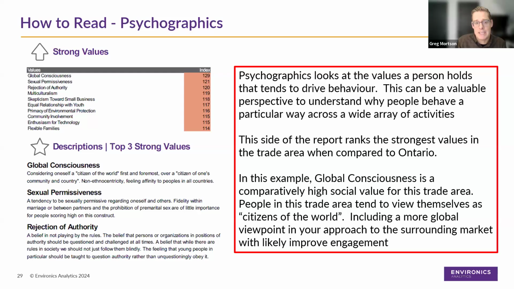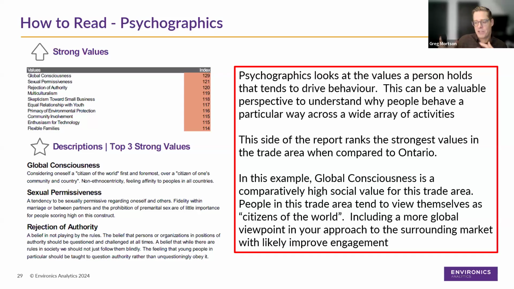So in this example, we're looking at those strong values like global consciousness, which is right at the top. So people in this trade area are more likely to consider themselves citizens of the world over their community or even country. So how do you really tap into that global mindset amongst people within your trade area?